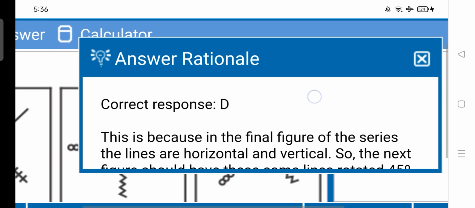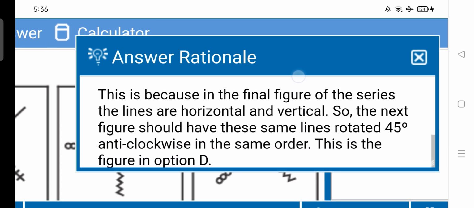So the correct option we have is option D. This is because in the final figure of the series, the lines are horizontal and vertical. So the next figure should have the same lines rotated 45 degrees anti-clockwise in the same order.